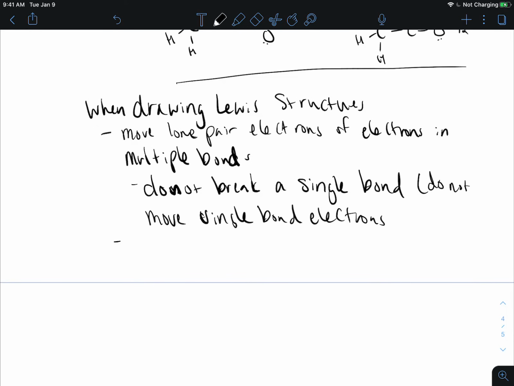We're not going to break the octet for any elements below period 3.